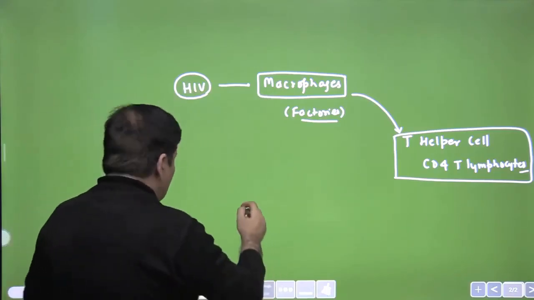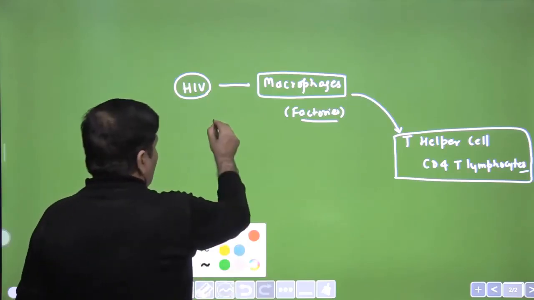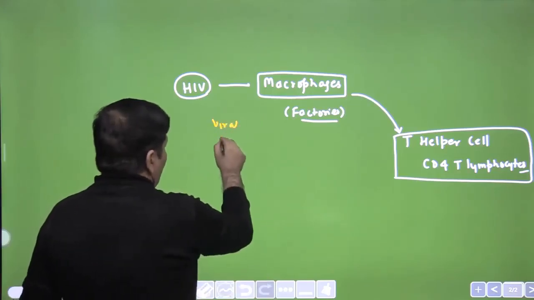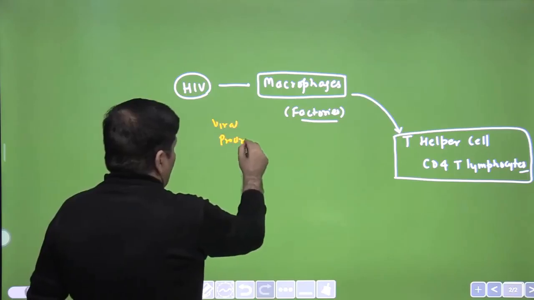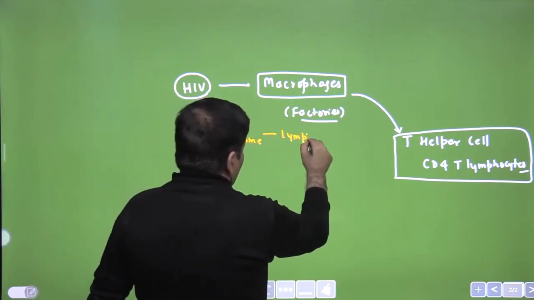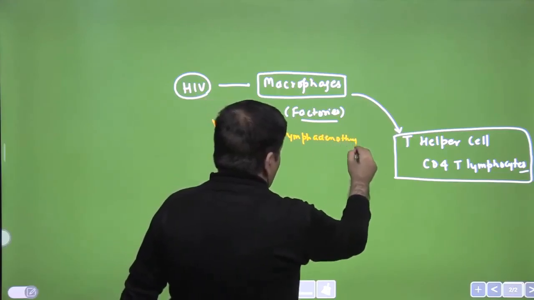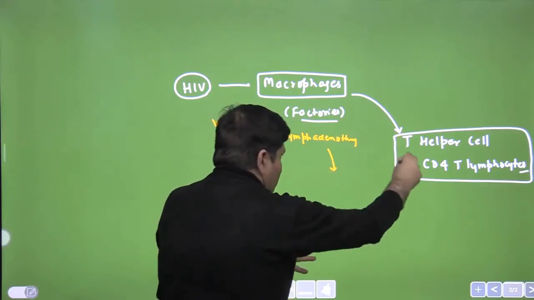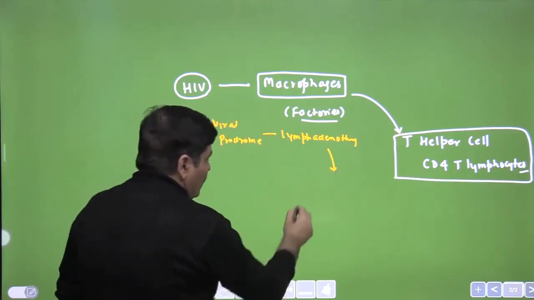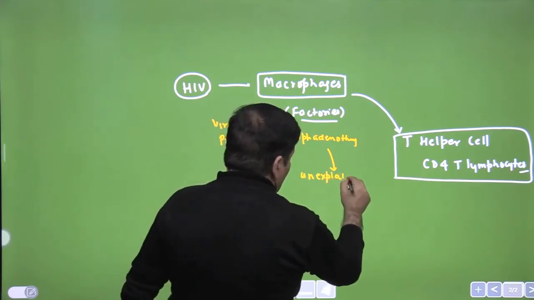Now this is very easy to understand. So what happens meanwhile is that the person, as I told you, may actually have a simple viral prodrome, and then may actually develop what is called as a lymphadenopathy. So the lymph nodes may be enlarged, and now you can understand that the immunity is getting lower. The person may have unexplained diarrhea.